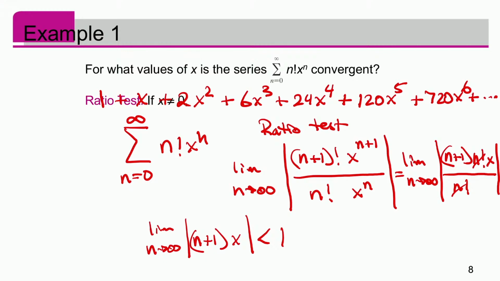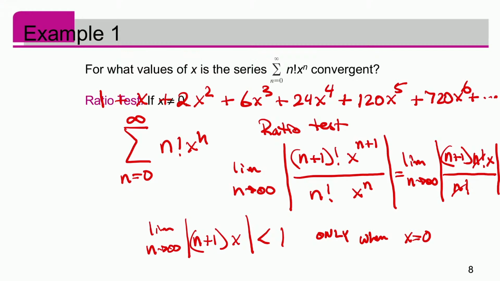At first glance, you might look at that and say, wait a minute, when I do the limit as n approaches infinity, this thing is going to blow up. This is going to be infinity. So this diverges. But there is one value of x that will make this not infinity. Do you know which one it is? Yeah, if x equals 0, that'll make this thing not blow up. It won't be infinity. And so this is true only when x equals 0.